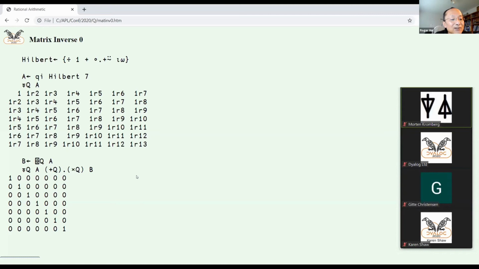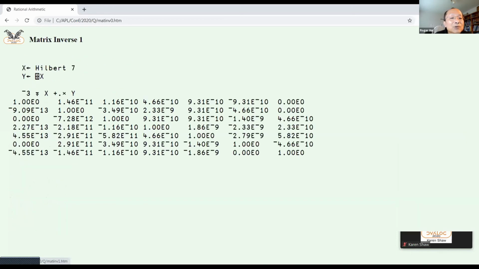No ifs and buts or whatever. That is the identity matrix. In contrast, if you work with ordinary floating point numbers, this is what you get, and this is supposedly the identity matrix. But you get all this other stuff, which is close to zero, but are they really zero? I guess they really should be zero.